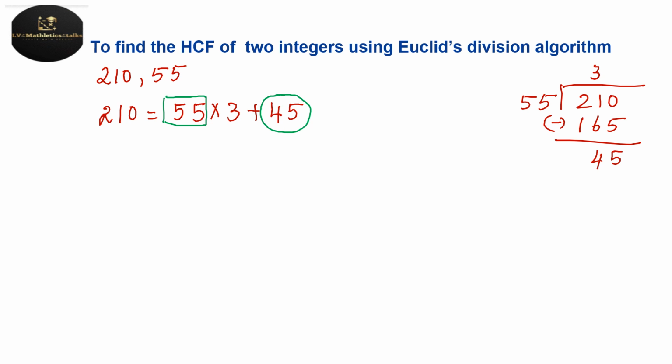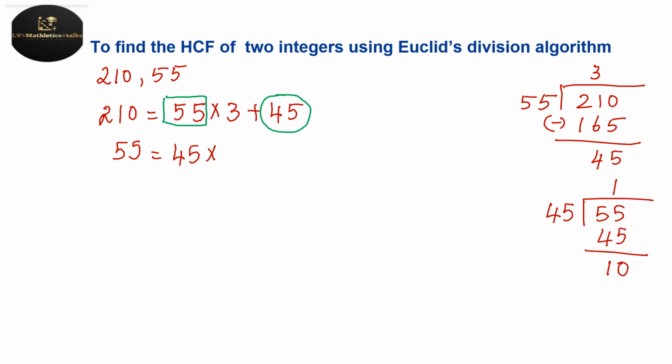I can write 55 as 45 times what? Dividing 55 by 45, 1 time 45 gives 45 and the remainder is 10. So 55 = 45 times 1 plus 10.